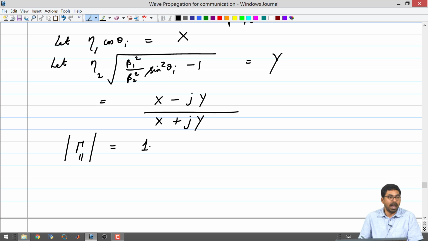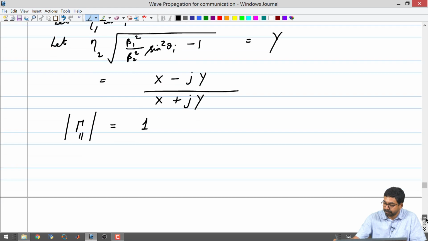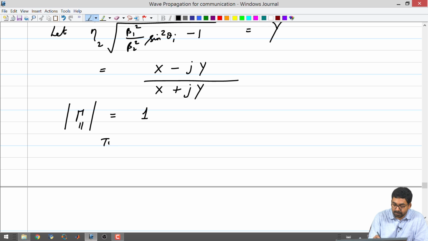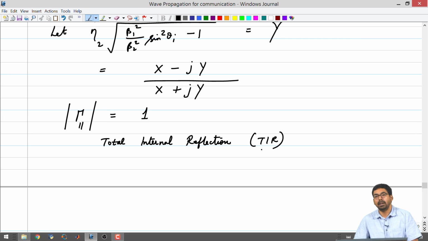Okay. So, the angles at which this happens correspond to a scenario which is known as total internal reflection. In short form people make it look like TIR, right.